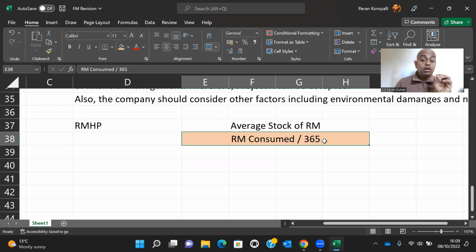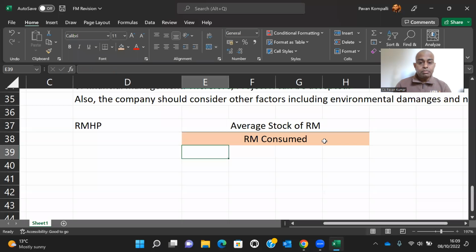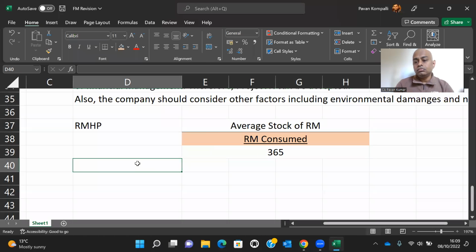Now you look at this. This has become A by B by C: raw material consumed divided by 365. So can I say A by B by C is equal to A by B into C?